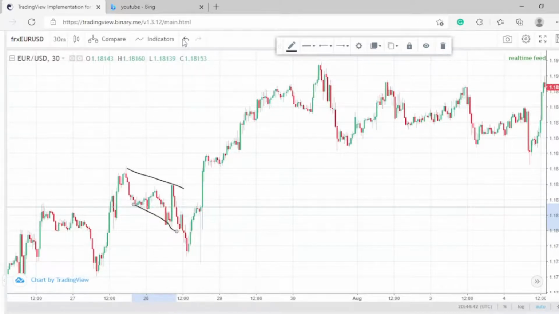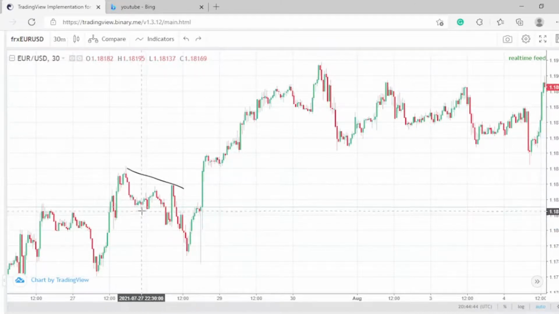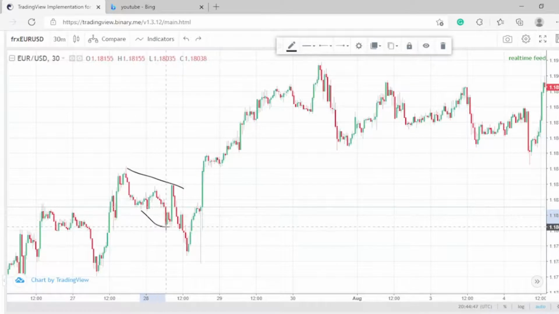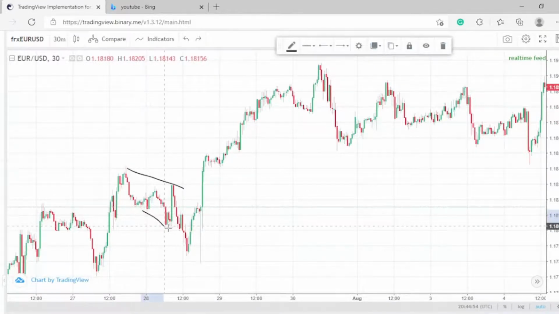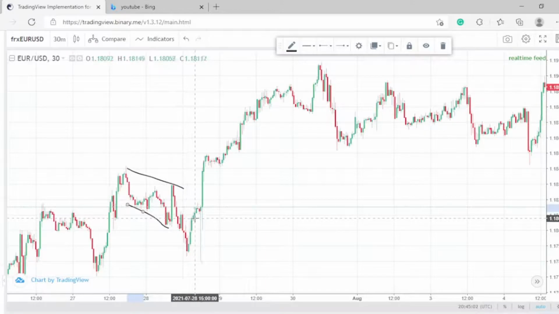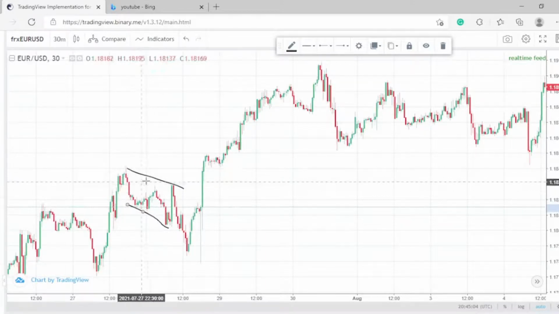You can see this is a tilted movement. So this is a channel. It's like a range, but that is tilted. It's a tilted range.